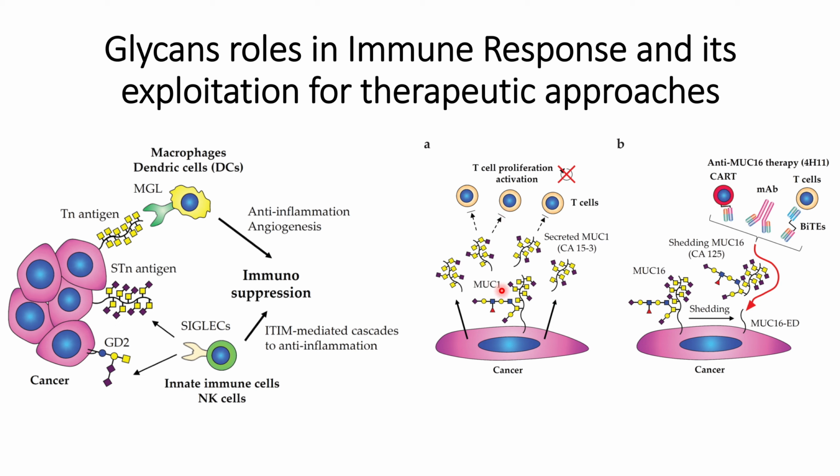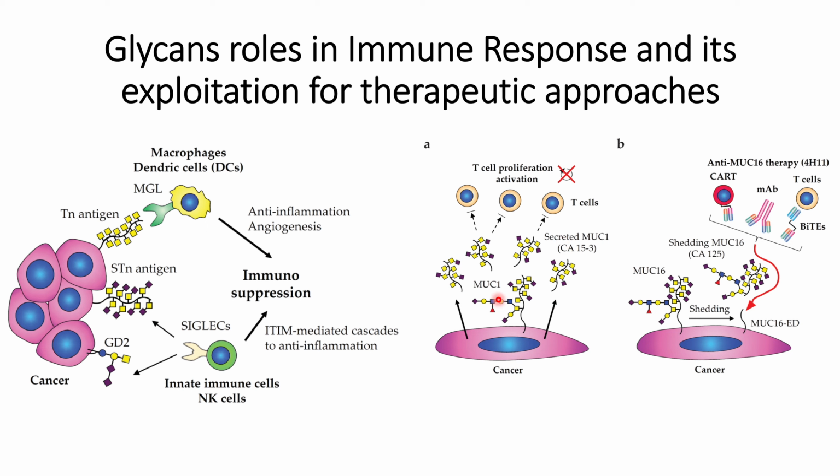In this example, the secreted MUC1 will interact with the T cells and lead to their deactivation, and this can be easily avoided by making the T cell receptors already attached to this MUC1 or CA15-3.